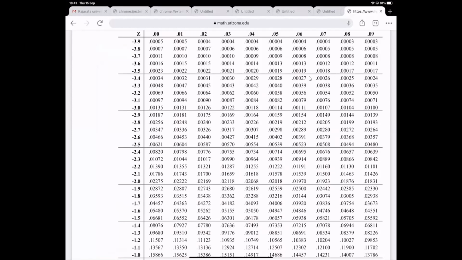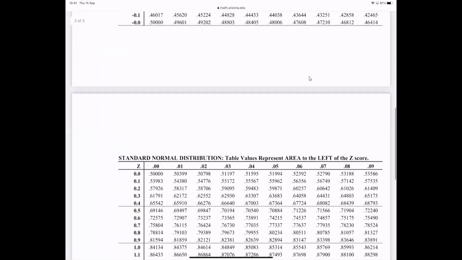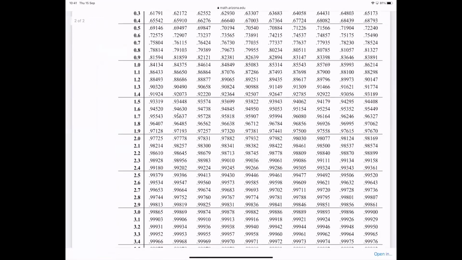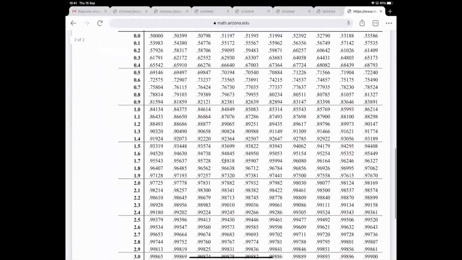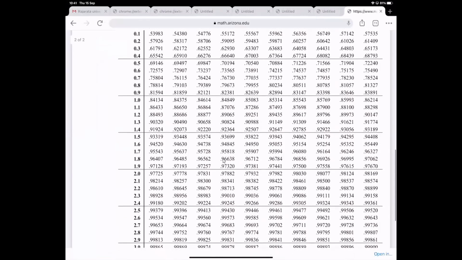2.36 means positive, right? This is 2.3, and 6 is here: 0.9906. So for 2.36, this value should be the answer.